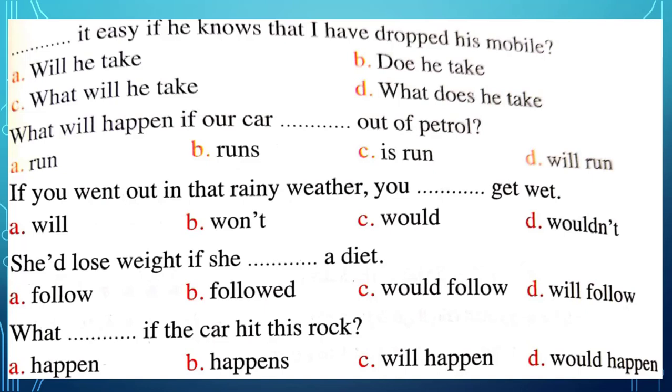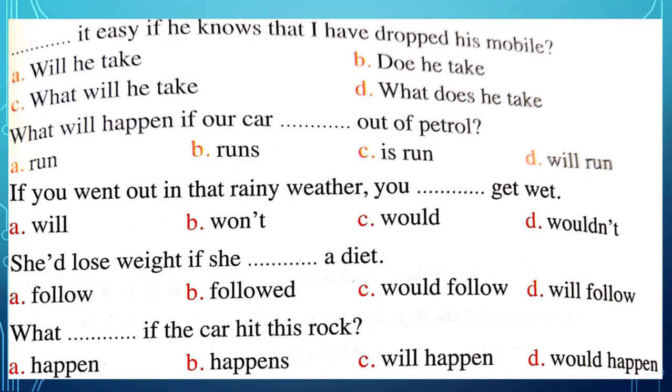Will he take? Does he take? What will he take? What does he take? Okay, so the answer is, will he take it easy if he knows that I have dropped his mobile? Okay, will, and on the other side, he knows. Okay, it's the first conditional.